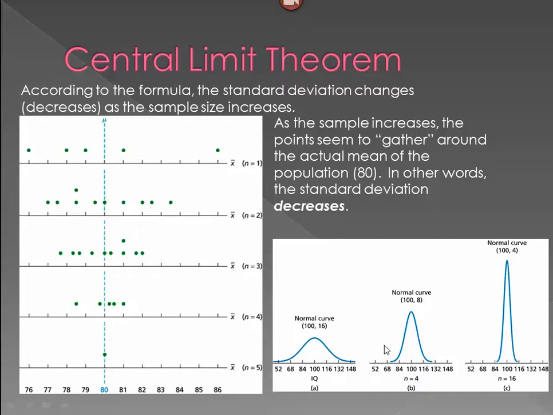And we can also see it with the picture of our curve here. Here's our population, and then as we pull samples from that population, here our samples are size 4. So what we're looking at here is not the original data, but rather the different means that I pulled from the original population. So we gathered up samples of size 4, and we found the average of those samples.